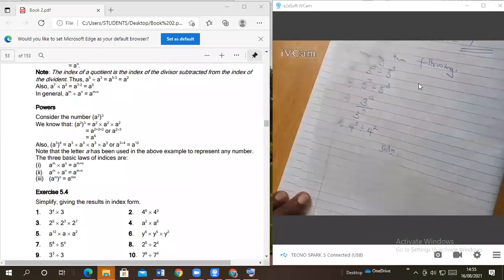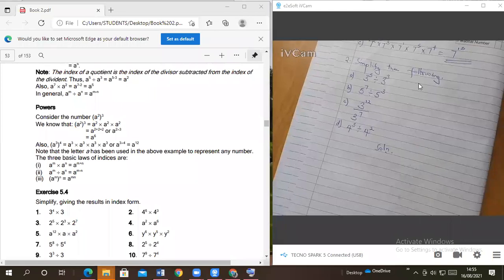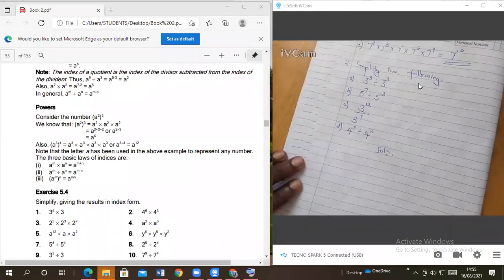This one is the second law, the quotient law. So what do we do? We subtract the powers.